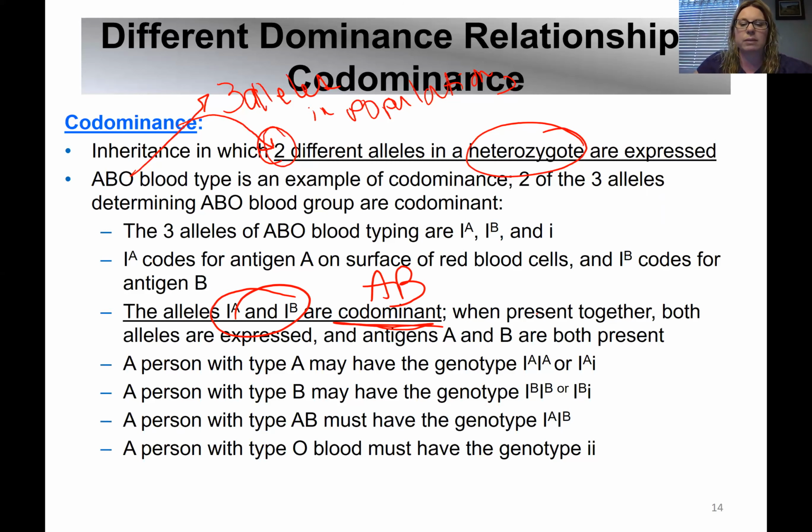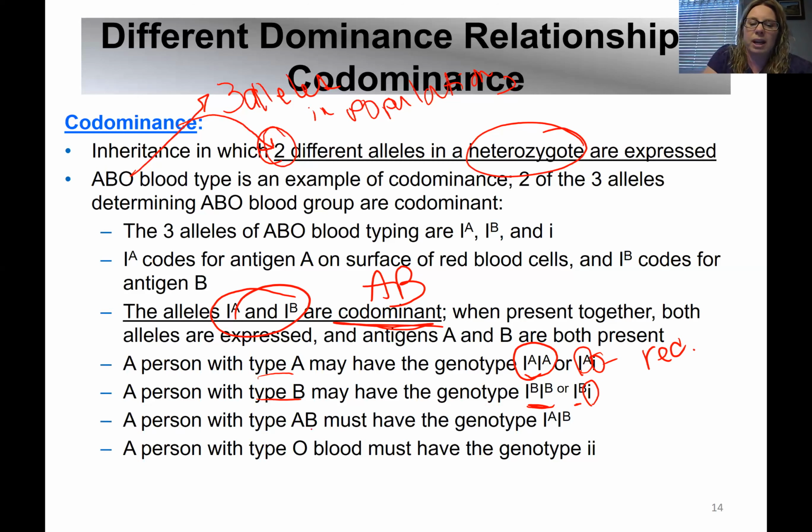But let's look at the possible genotypes for each blood type. So a person with type A blood could have 2 dominant A alleles, or they could have a dominant A allele and a recessive allele. This one is recessive. A person with type B blood could have 2 B dominant alleles, or a B dominant allele and a recessive.